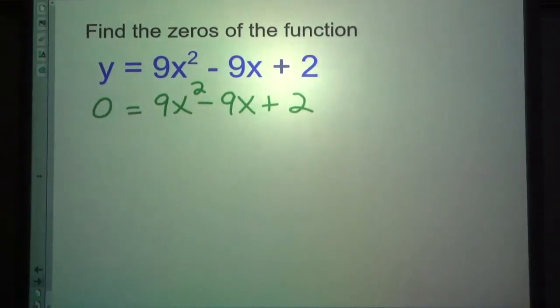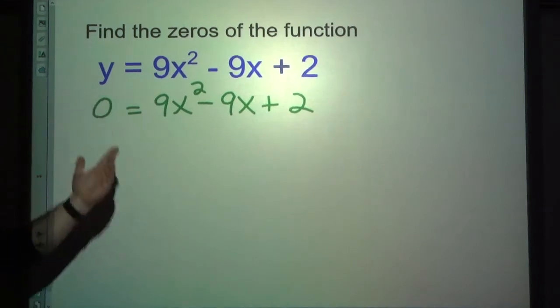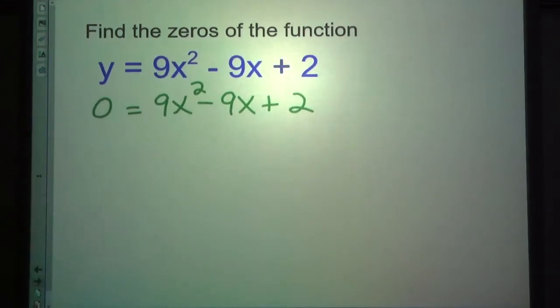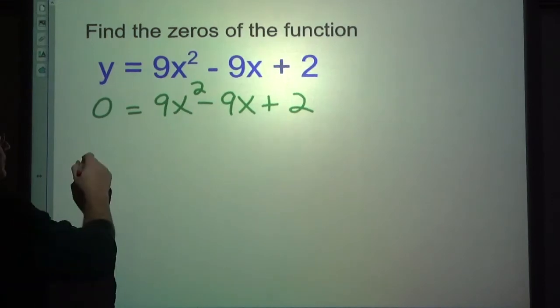That's what it means. Now, by the way, zeros of a function when it's in this form, that's where, if you used a graphing utility like Desmos or something else, and you found where across the x-axis, that would be the zeros of the function. Now, we're going to find that by factoring, not by using Desmos.